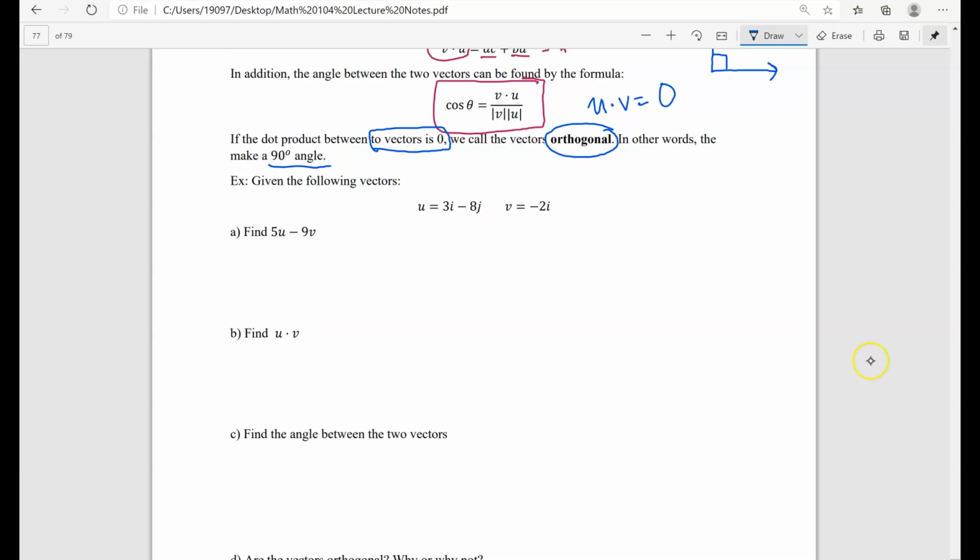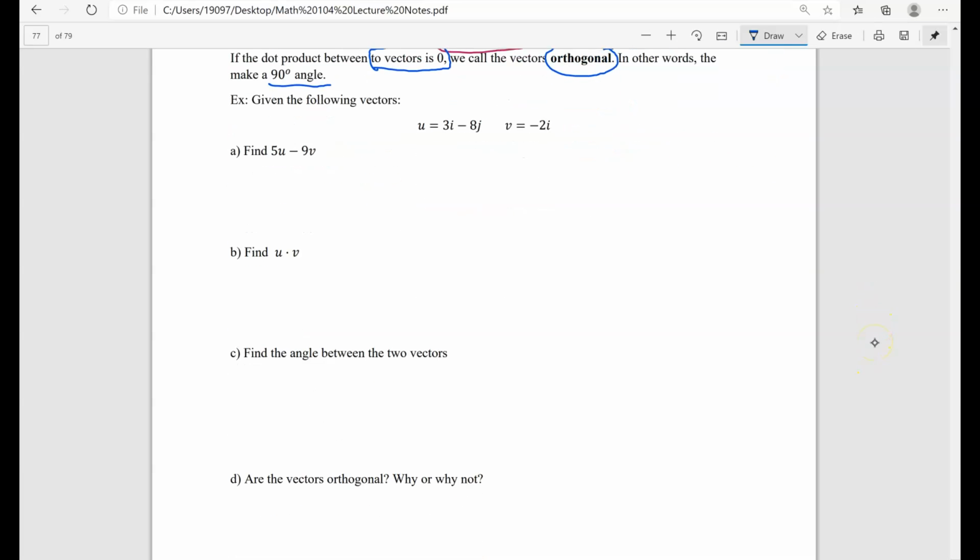So here, let's do an example. Given the vectors u equals 3i minus 8j, and v equals negative 2i, let's first start off by finding 5u minus 9v. We're going to take 5 times u, which is 3i minus 8j, minus 9 times negative 2i.